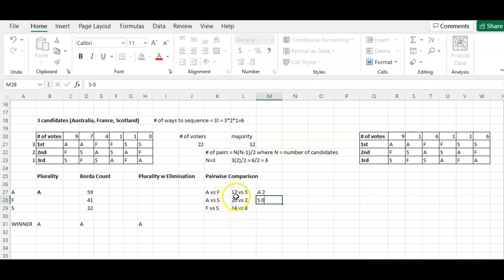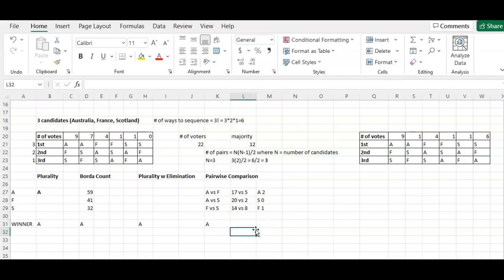And F is below A, above S, so F gets a 1. So again, we end up with A having the most points. So using pairwise comparison, A is our winner.